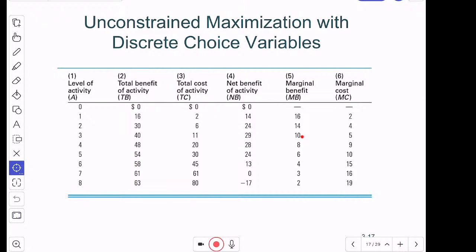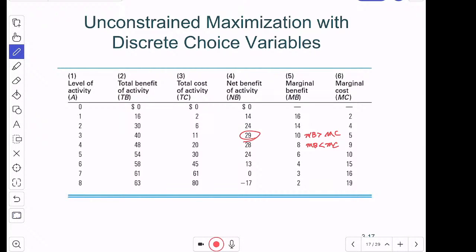The goal is to produce at the highest net benefit, and that also coincides. So we see the answer two different ways, and I keep on repeating, but here, marginal benefit is still greater than marginal cost, so you can even produce more, but more units will put you in reverse, so you have to stop producing, and you notice that is also telling you where the highest net benefit is, so it works out that way.